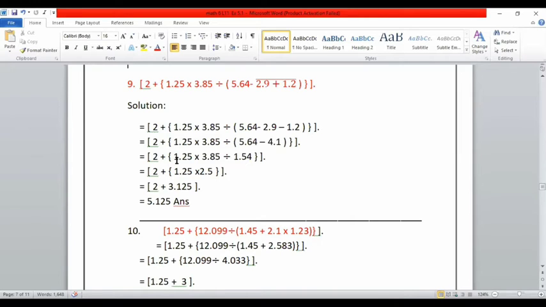Now dear student, according to the DMAS rule, we have to divide first, then we will multiply. The answer of 3.85 divided by 1.54, when obtained from their division, is 2.5, we will keep it here.